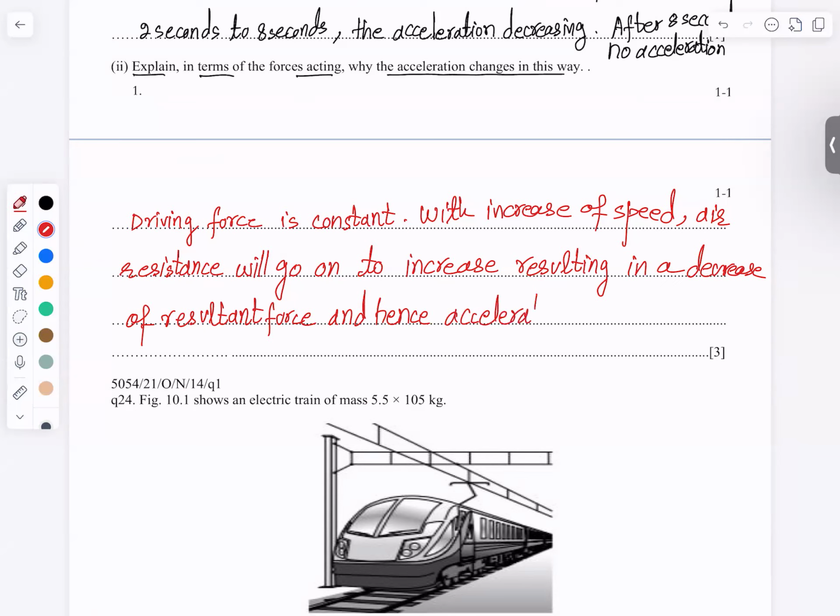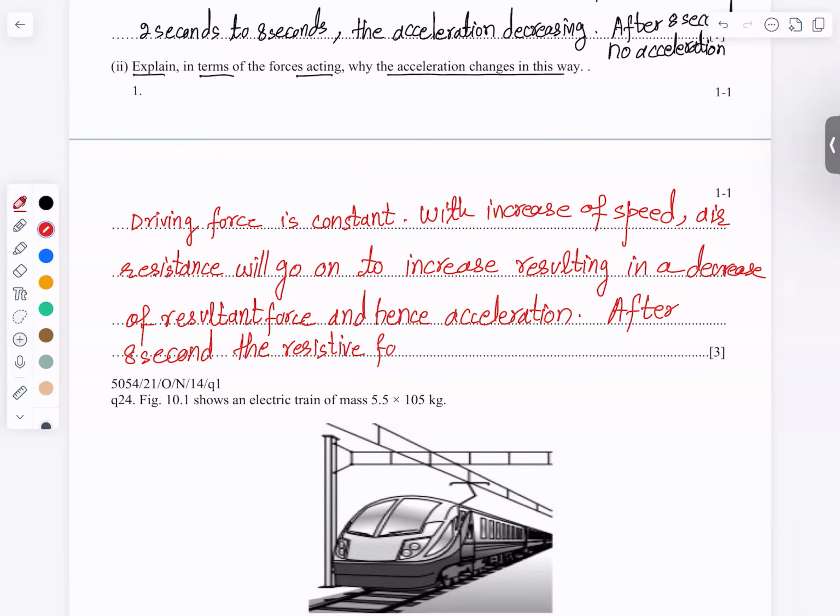Acceleration is also decreasing. After 8 seconds, the resistive forces become equal to the driving force. Combined resistive forces refer to the air resistance and the road friction.